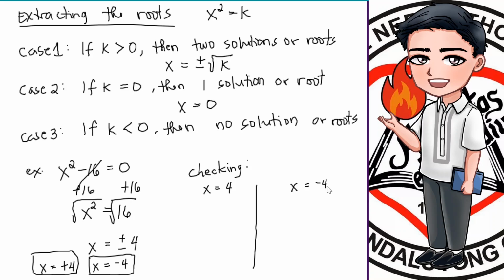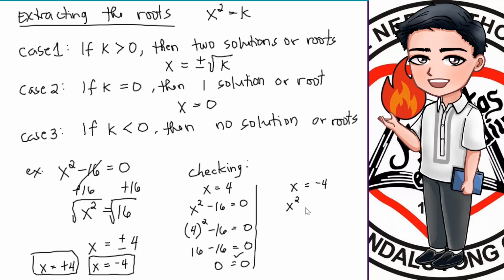If the value of x is 4, so that will be x squared minus 16 equals 0. So 4 squared minus 16 is equal to 0. 4 squared is 16, minus 16 equals 0. 16 minus 16 is 0 equals 0. So that is correct. How about if x is negative 4?